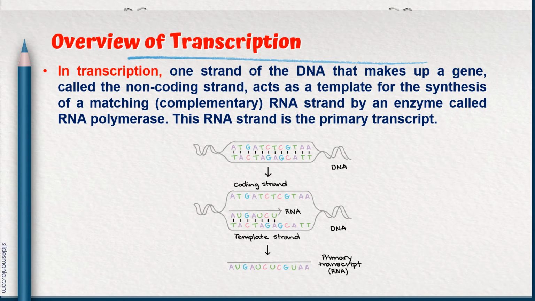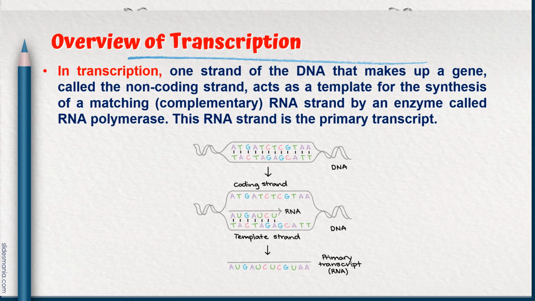In transcription, one strand of the DNA that makes up a gene, called the non-coding strand, acts as a template for the synthesis of a matching RNA strand by an enzyme called RNA polymerase. This RNA strand is the primary transcript. The primary transcript carries the same sequence information as the non-template strand of DNA, which is sometimes called the coding strand.